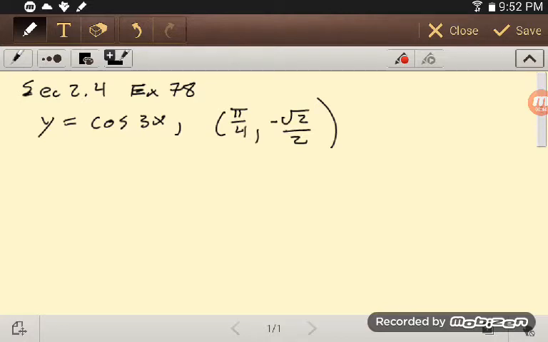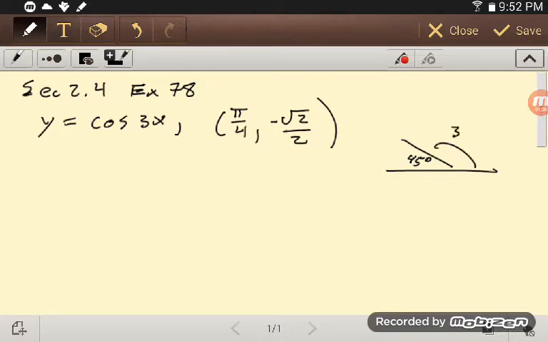And just checking, if x equals pi over 4, then that's cosine of 3 pi over 4. Well, 3 pi over 4 is over here, and the reference angle is 45 degrees, or pi over 4.